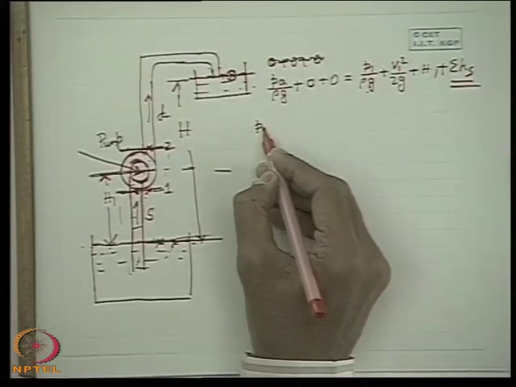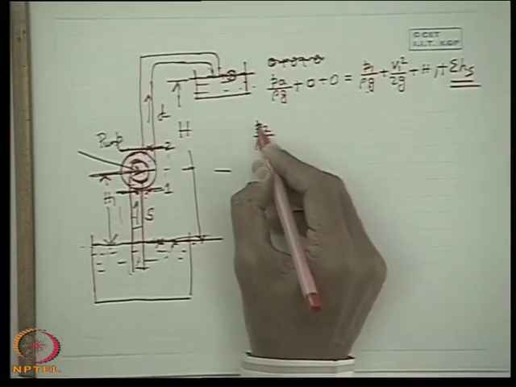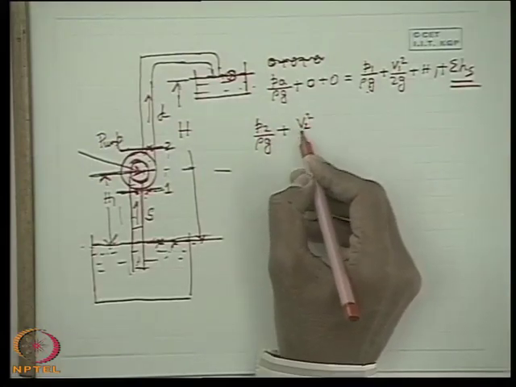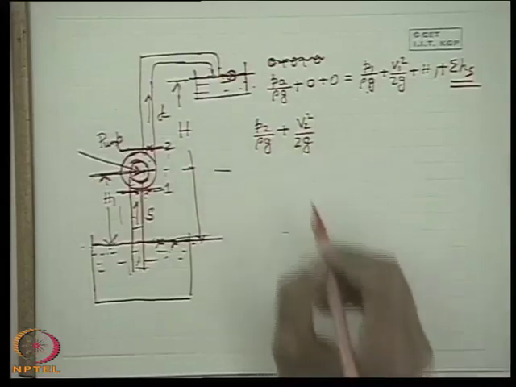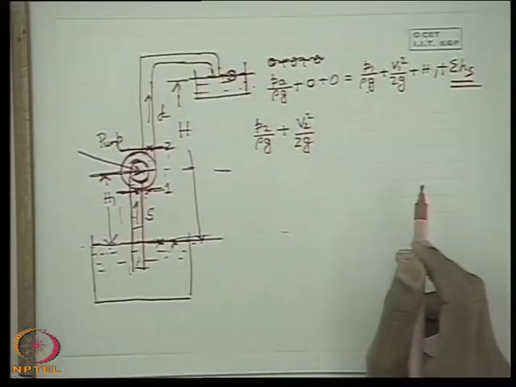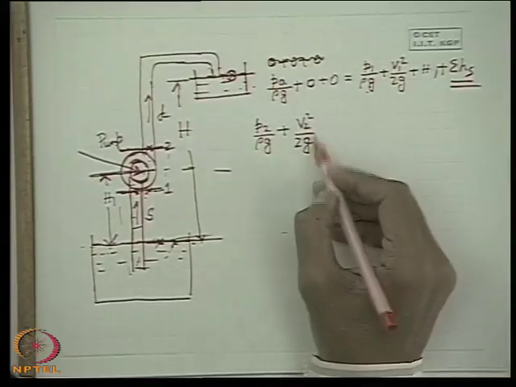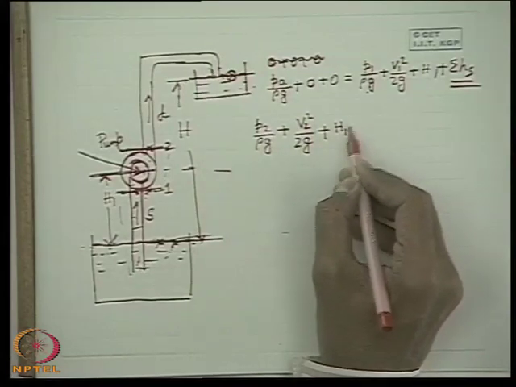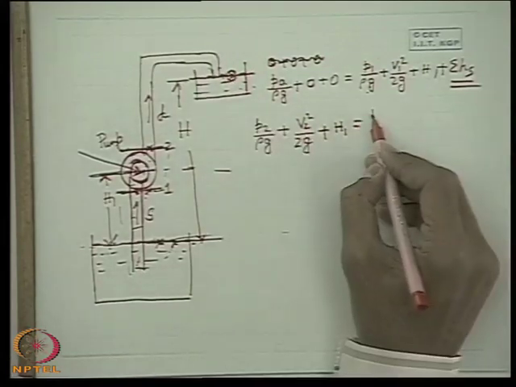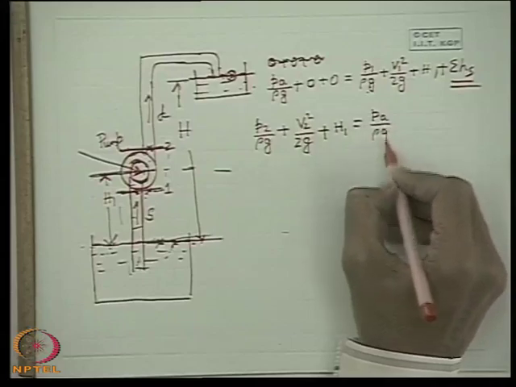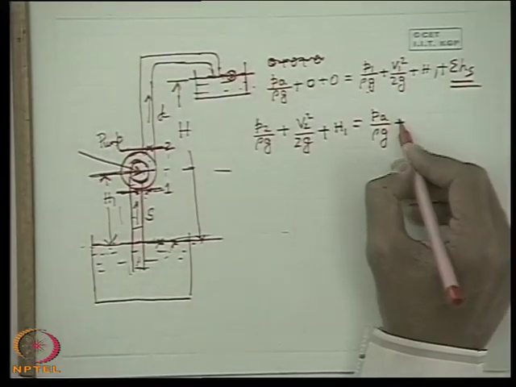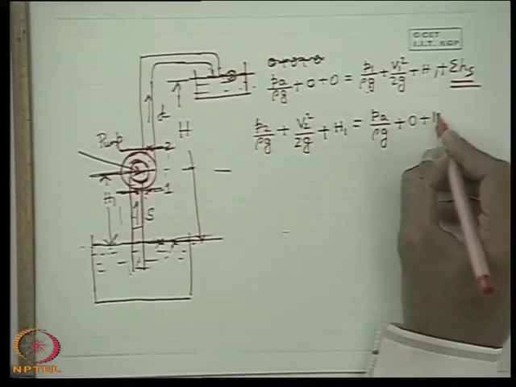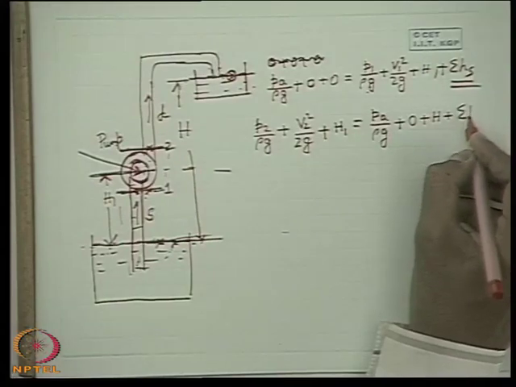We can write P2 by rho g plus V2 square by 2g plus H1 is equal to, at this point again, PA by rho g, a surface at the overhead reservoir, then 0, then H, then sigma HD.